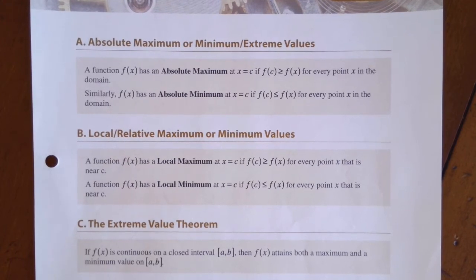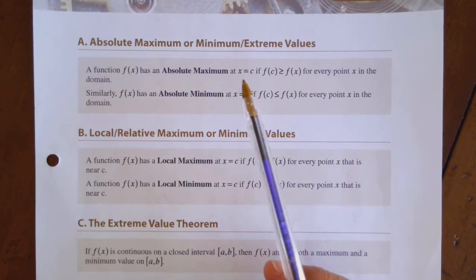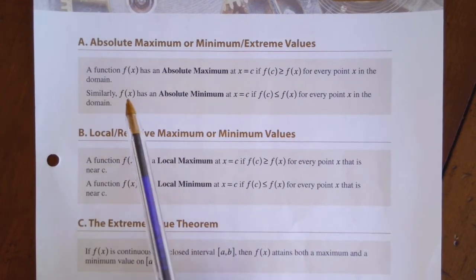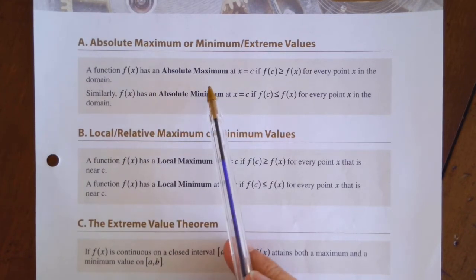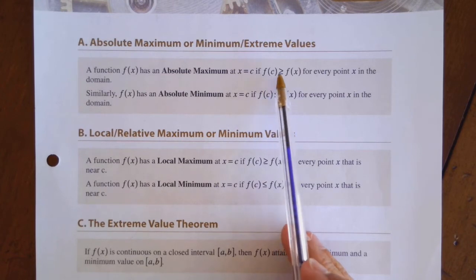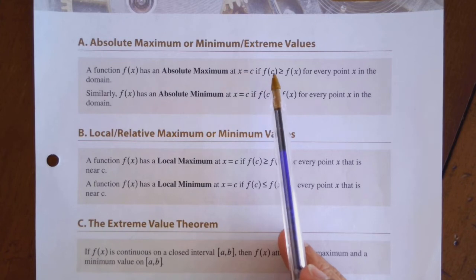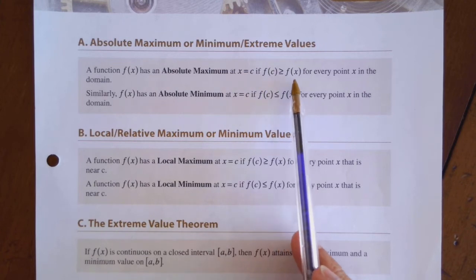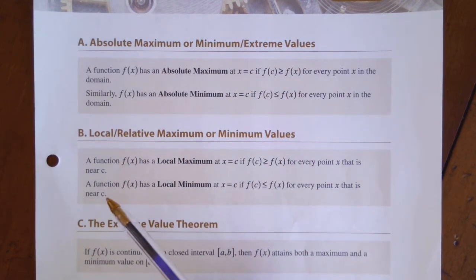So absolute maximums and minimums, also known as extrema, have definitions that say a function f of x has an absolute max at x equals c if f of c, which remember is the y value for that x value, is greater than or equal to all other y values of f of x for every point that's in the domain.